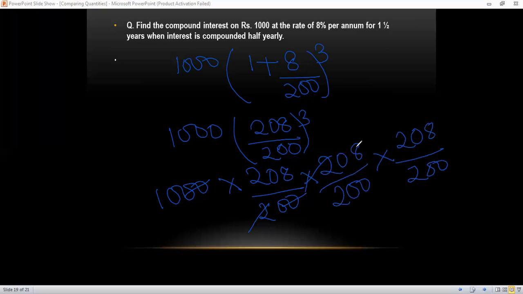Now it can be cut by 2: 104 by 100, again 104 by 100. Now multiply both the numbers, 104 and 104.